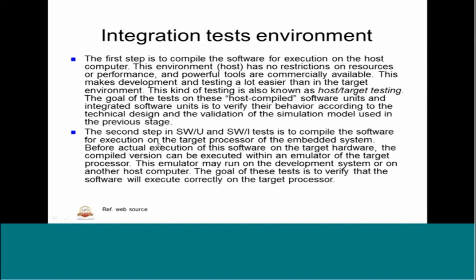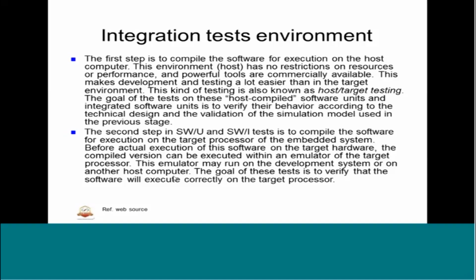So the second step is that we develop for the target, and before actual execution of this software on the target hardware, the compiled version can be executed using an emulator of the target processor. We know there are emulators, and with the emulator we can see the code behavior and the functionality flow at the target system before we execute it.